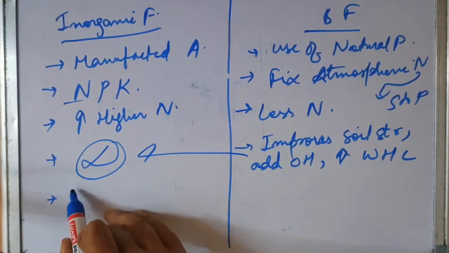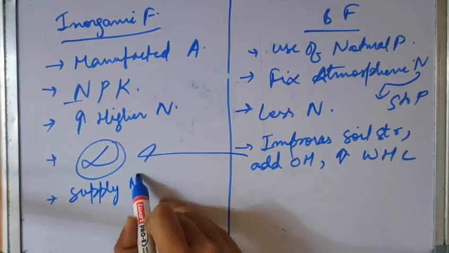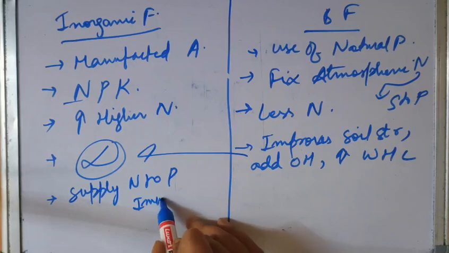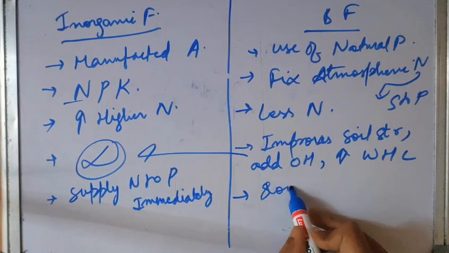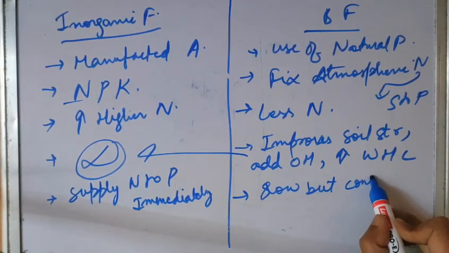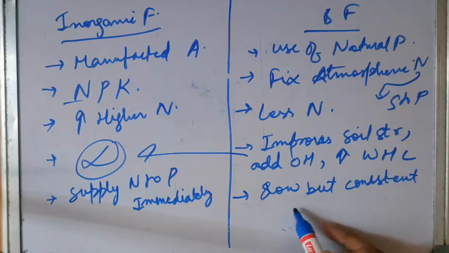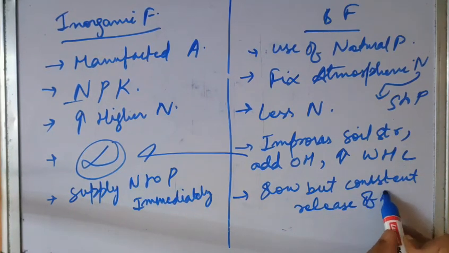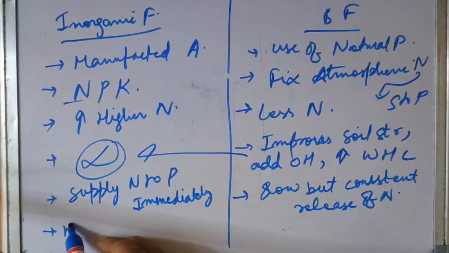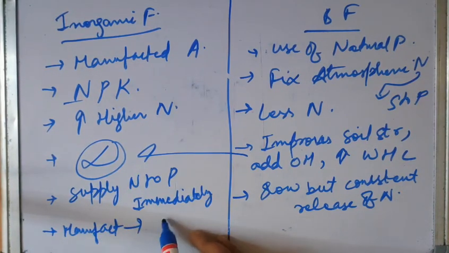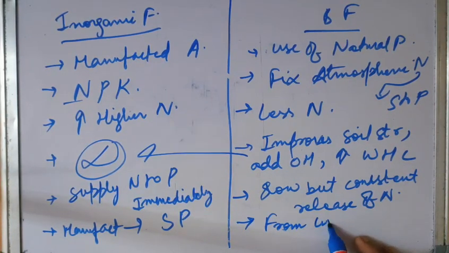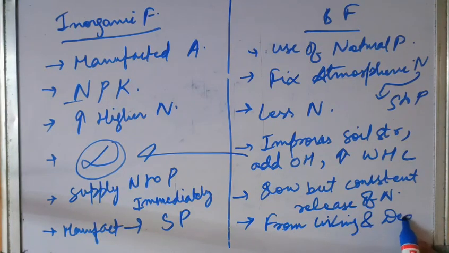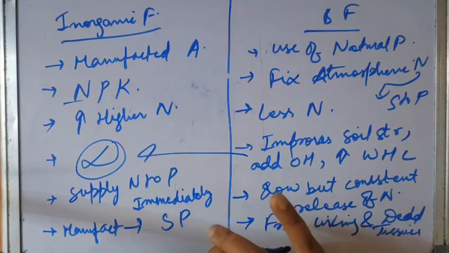Inorganic fertilizers supply nutrients to plants immediately, whereas biofertilizers supply slow but consistent release of nutrients. Inorganic fertilizers are manufactured from synthetic products, biofertilizers from living and dead tissues. These are the differences between biofertilizer and inorganic fertilizer.